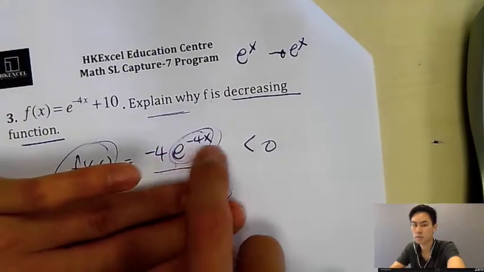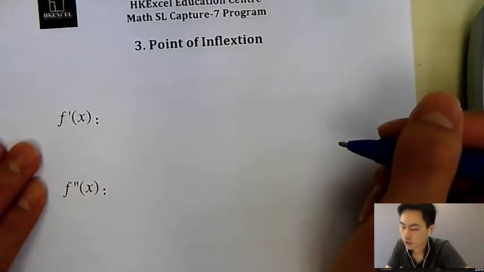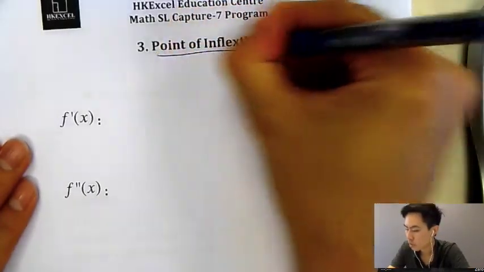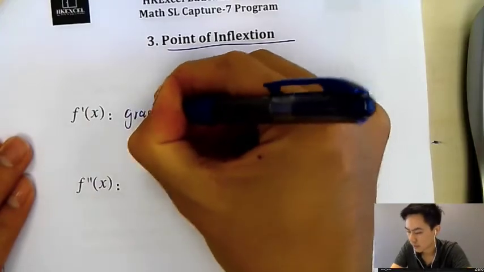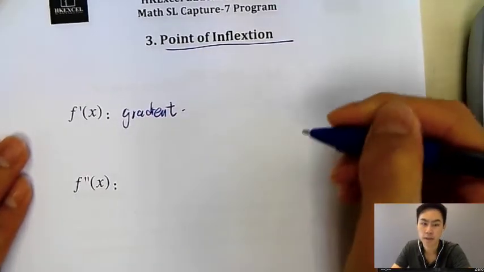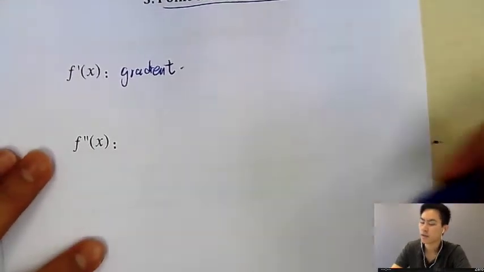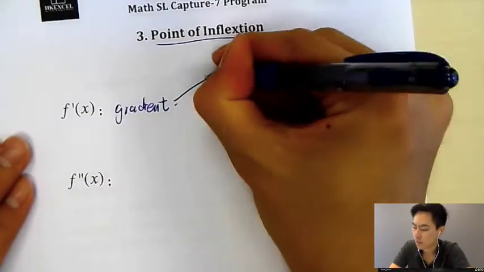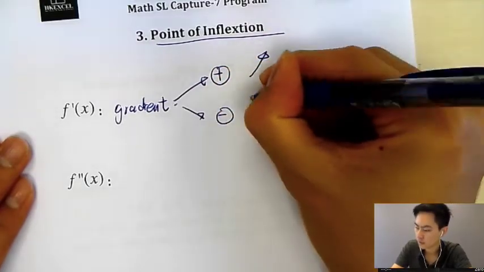Okay, and also differentiation. Next page, point of inflection, which is more important. We know that f dash x is the gradient. If the gradient is positive, the graph is going up; if negative, the graph is going down.